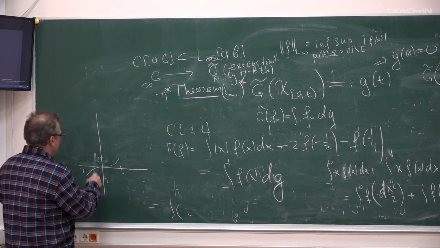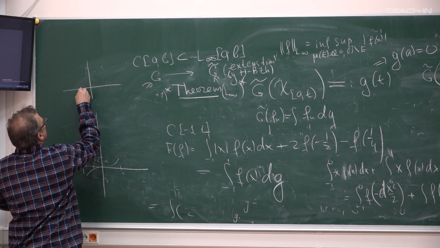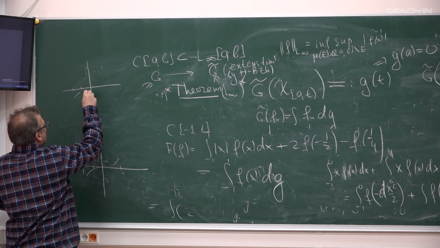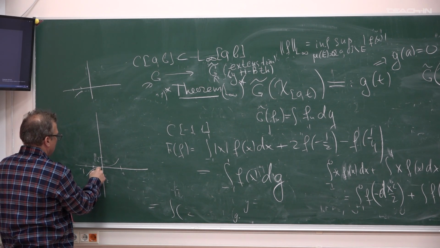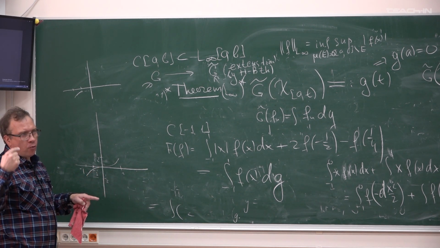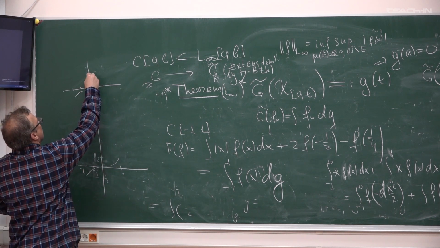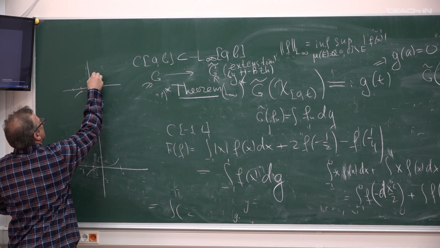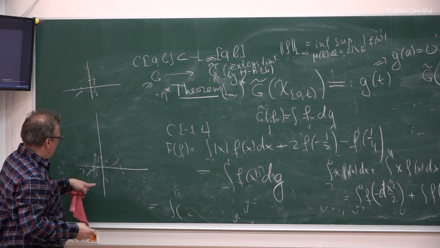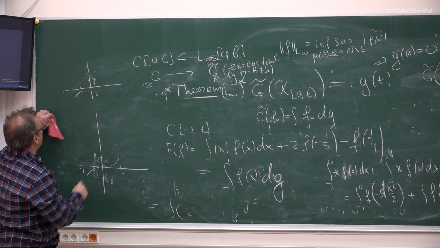At this point you make the step, so the next picture will be 1 over 4, and up at 1 minus half of 8. So here it was from minus over 2, yes, here.